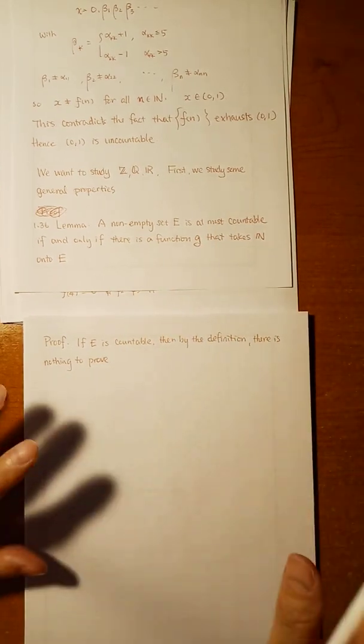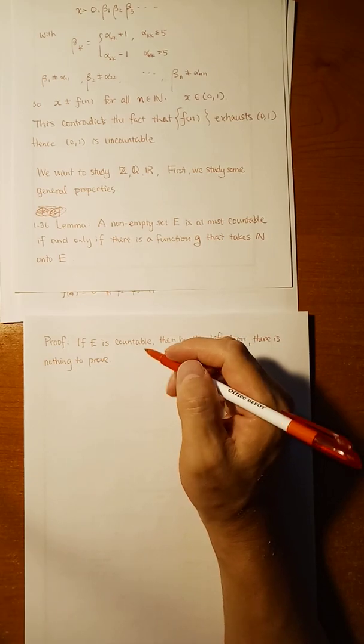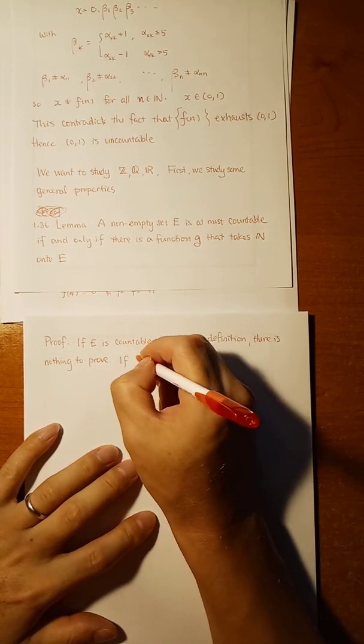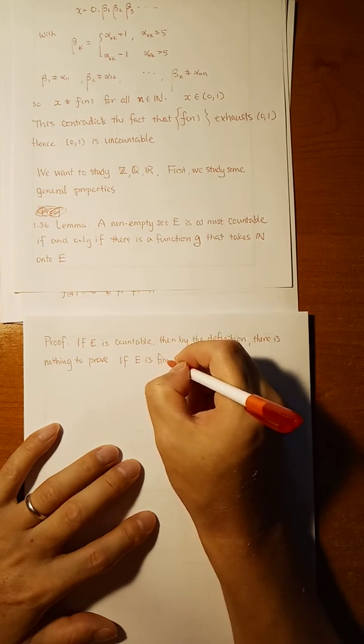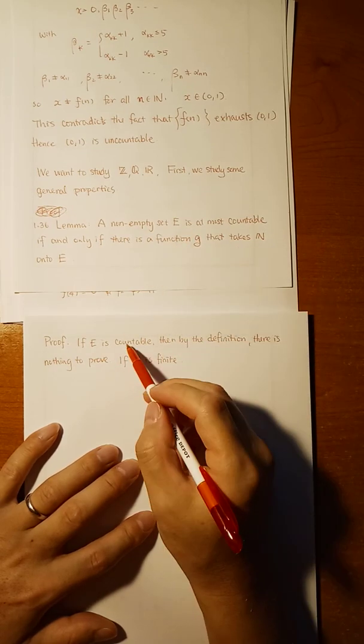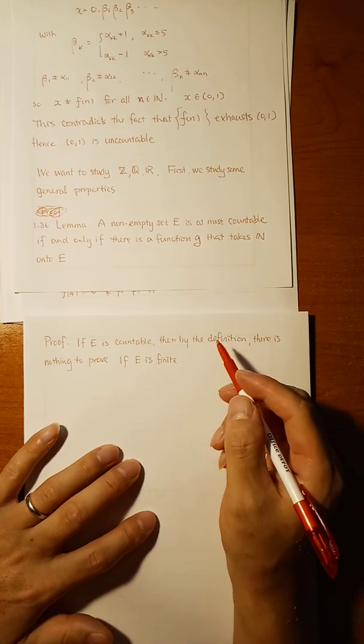Now if E is finite, at most countable means either countable or finite.